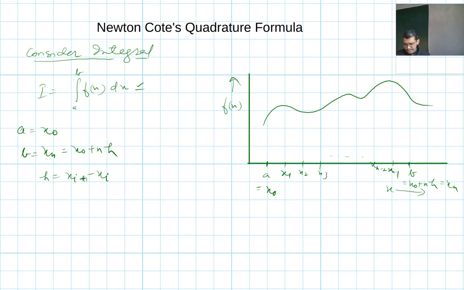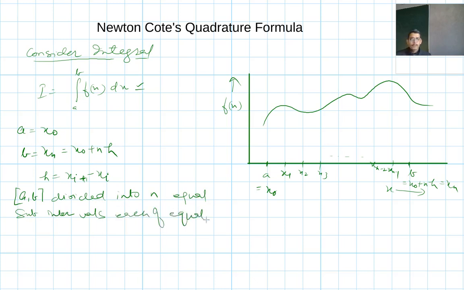So this means that the interval AB is divided into n equal subintervals, each of equal width h. That means corresponding to every point we have a different value of the function.